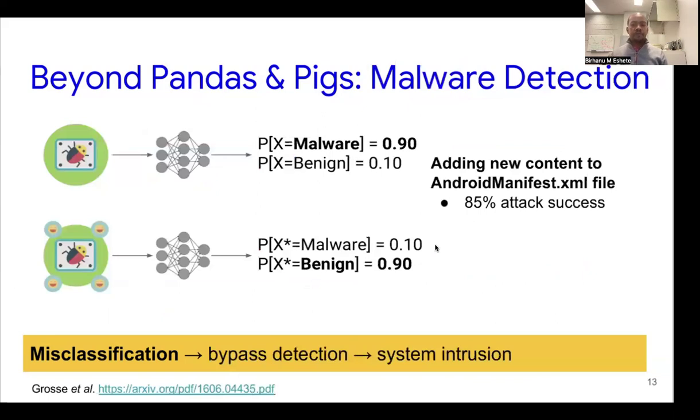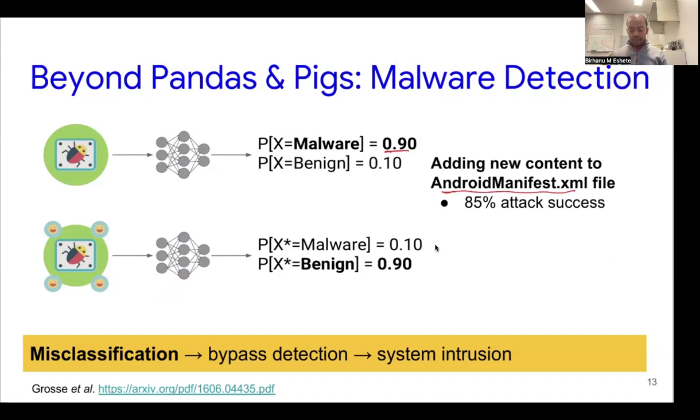Next, another use case where this might have serious implications is malware detection, right? So here's an example that was demonstrated with Android APKs. Without changing the actual binary of the Android code, by just modifying the Android manifest.xml file, which is basically modifying the metadata of the application, because that file stores the metadata of the Android app, the model that said this sample was malware with 90% confidence now flipped its mind, because simply the adversary just manipulated this.